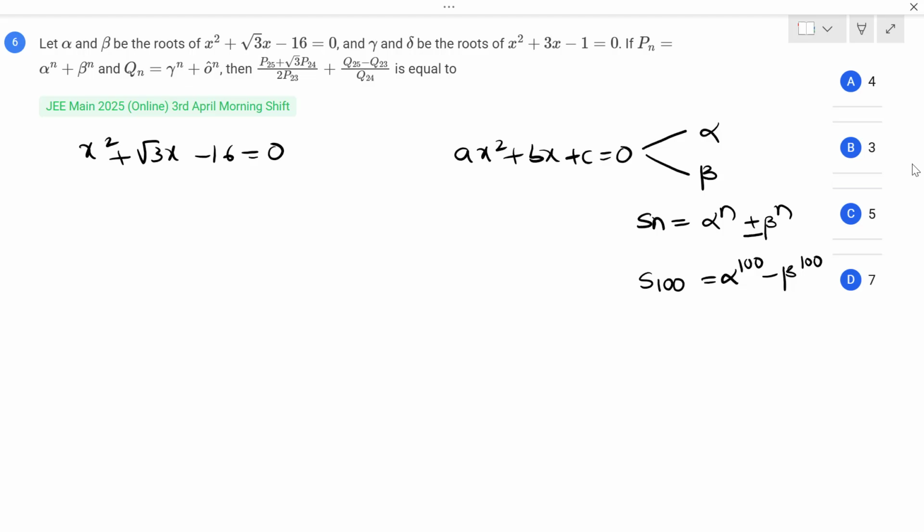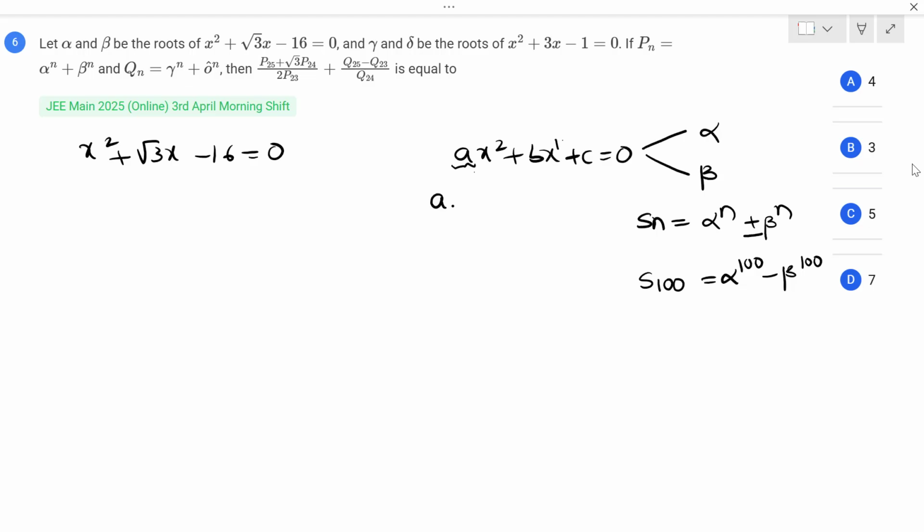Chalo, let's go ahead. Now, if Sn is alpha power n plus or minus beta power n, how should I apply Newton's formula for this quadratic equation ax square plus bx plus c? For that, whatever this a is, copy a as it is. One thing you should understand is, observe the powers of x square, x power 1 and c into x power 0: 2, 1, 0, decreasing by 1.